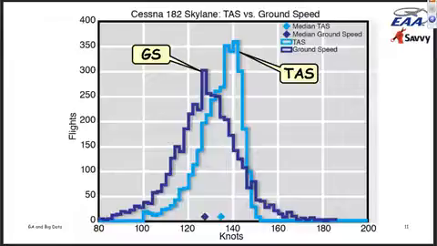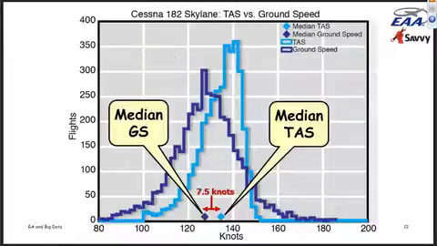As you can see, over these 3,500 flights, the ground speed was indeed significantly less than the true airspeed, which means that those airplanes were, on average, flying into more headwinds than tailwinds. If you look at the median ground speed and the median true airspeed, the differential there is about 7.5 knots.